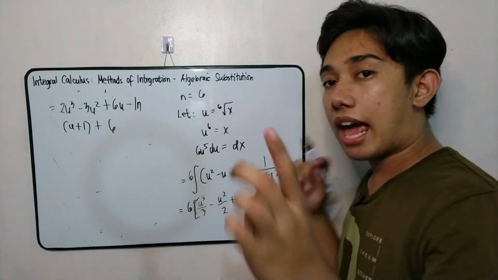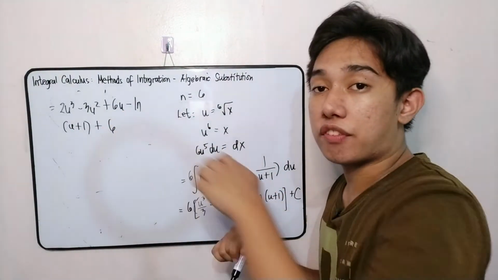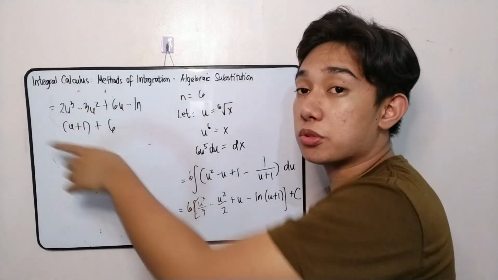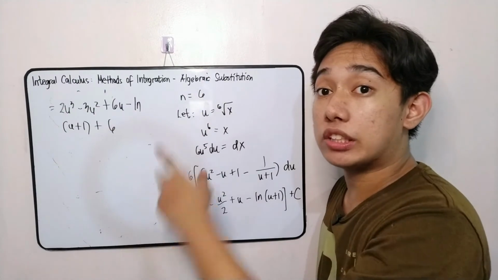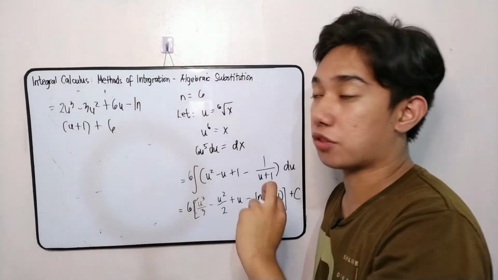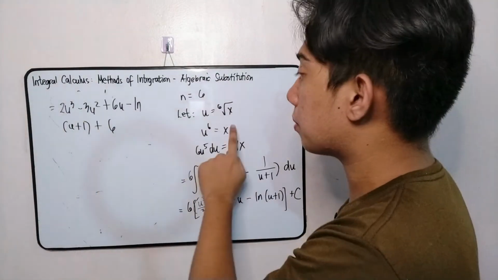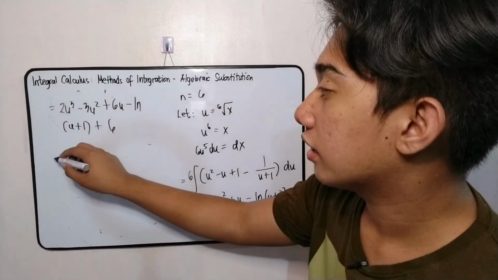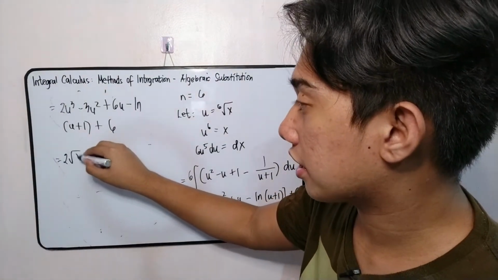And I will ask you guys, is this our final answer? If you say no, then you're correct. It's because this is in terms of u, and we need the value that it is in terms of x, okay? So we need to substitute back our values of x. So for the u cubed, we substitute our 6th root of x here, and we will get 2 the square root of x.